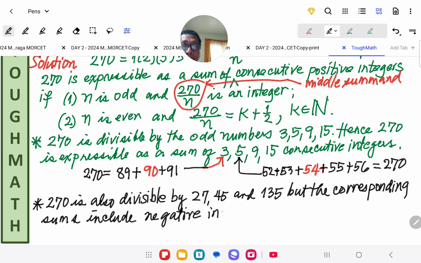So we do not include them in our list of ways of writing 270 as a sum of consecutive integers.